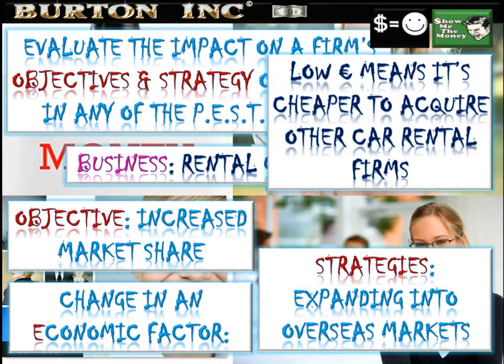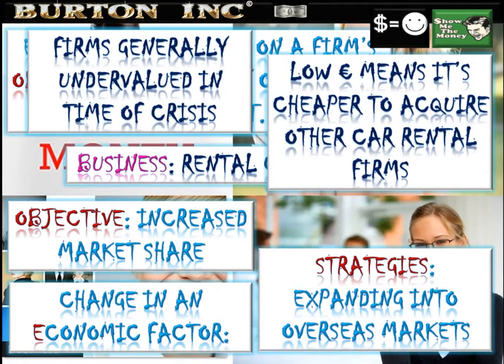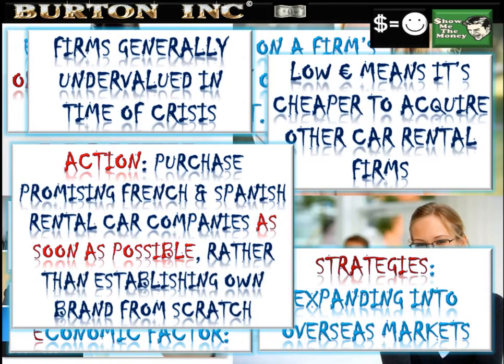With the European debt crisis, the European exchange rate has been decreasing. The euro is cheaper. So if you are, say, a US car rental firm, it's going to be cheaper to buy these European car rental firms. And firms are generally undervalued in terms of crisis. What action are we going to take? We're going to purchase promising French and Spanish rental car companies as soon as possible, rather than establishing our own brands from scratch.